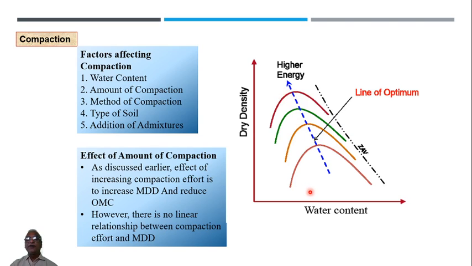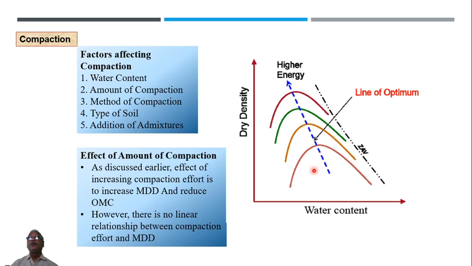It is not necessary that you increase only the number of layers. Instead, you keep the number of layers the same, but increase the number of drops. We said 25 drops; instead, you make it, let us say, 40 drops for every layer. Then it is 3 layers only, but every layer you are ramming 40 times. Because of that, the amount of energy is increased. Or one more way is to increase the fall height, that is, the 2.5 kg rammer is falling through a height of 30 centimeters, 0.305 meters.